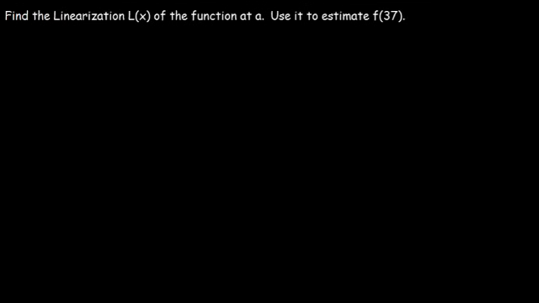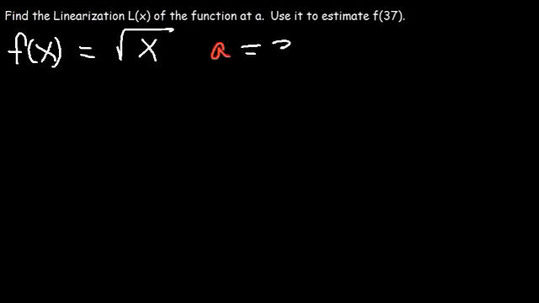Let's try a practice problem. Let's say you have a problem that states find the linearization L of x of the function at a. And let's say that f of x is equal to the square root of x, and a is equal to 36. So how can we find the linearization L of x and use it to estimate the square root of 37, which is f of 37?